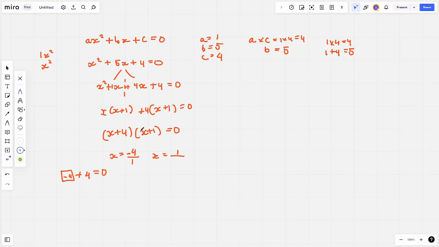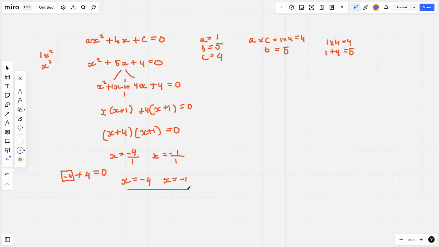Again here, x is the same as 1x, so we just put it in the denominator. We take the opposite sign, which is minus. So we just rearrange that and clean it up: x equals minus 4, or x equals minus 1. So that's your two roots.